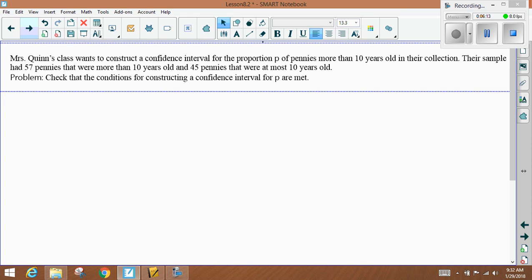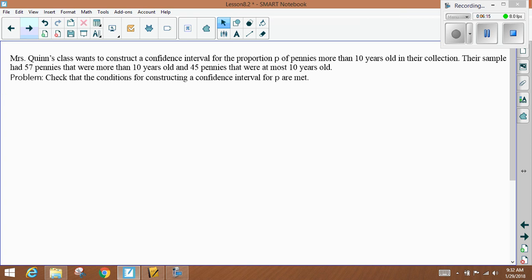Oh well. Alright, so Miss Quinn's class, they want to construct a confidence interval for the proportion p of pennies more than 10 years old in their collection. Apparently they have a penny collection in this class. It's way more than in my class, because we don't have a penny collection. Sorry guys. We can work on it.